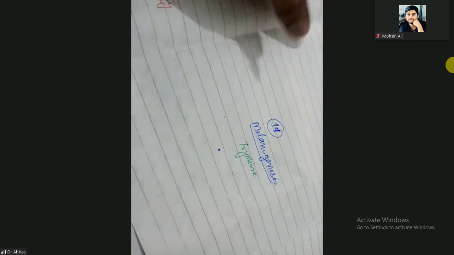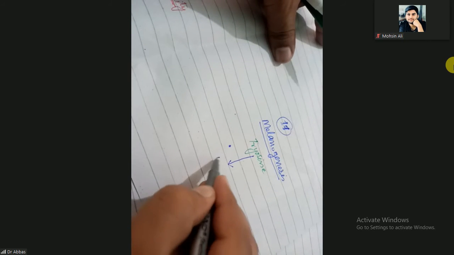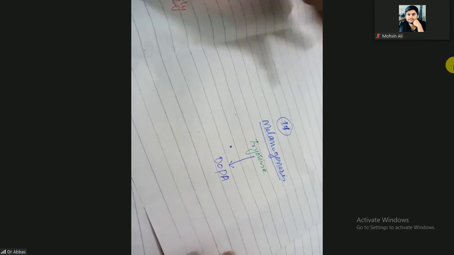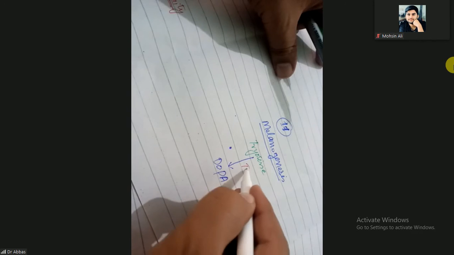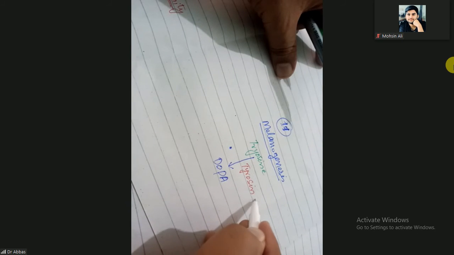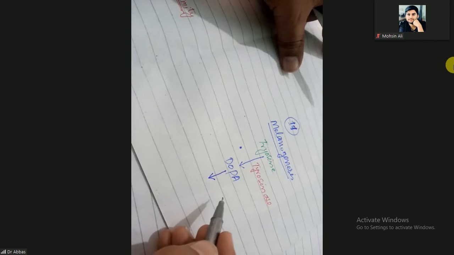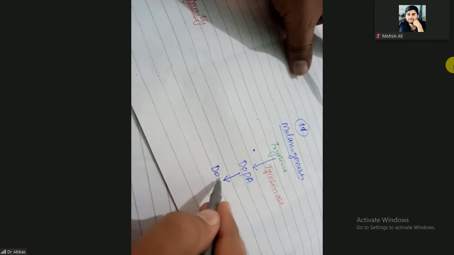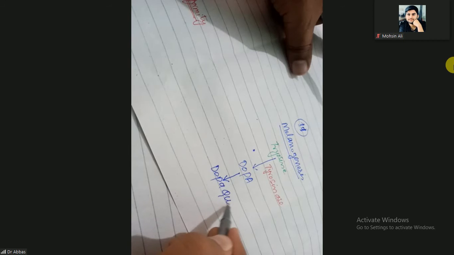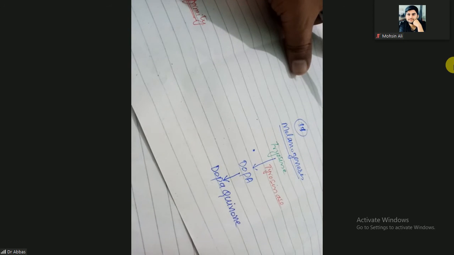Tyrosine will be converted by biosynthesis into dopa with the help of the enzyme tyrosinase. Then this dopa changes into dopaquinone. And then this dopaquinone can make either eumelanin or pheomelanin.